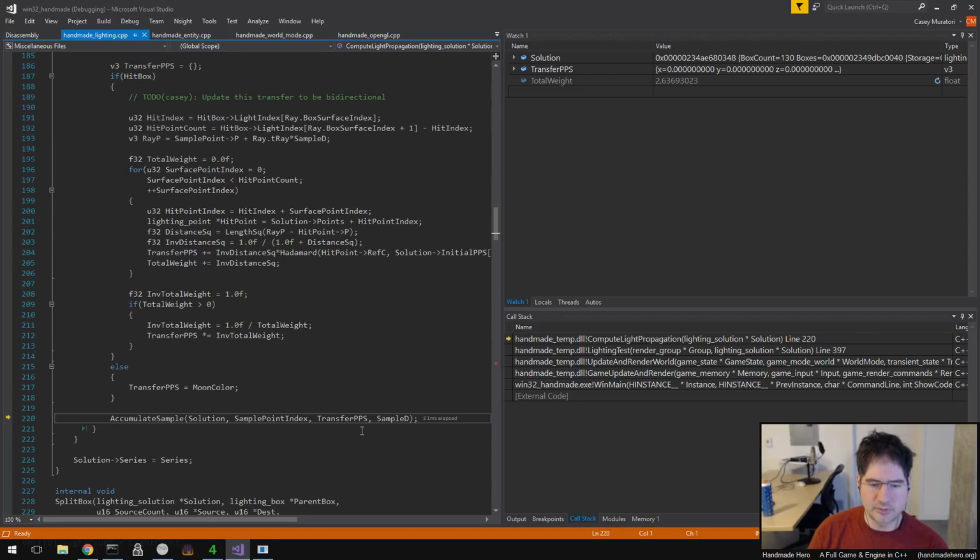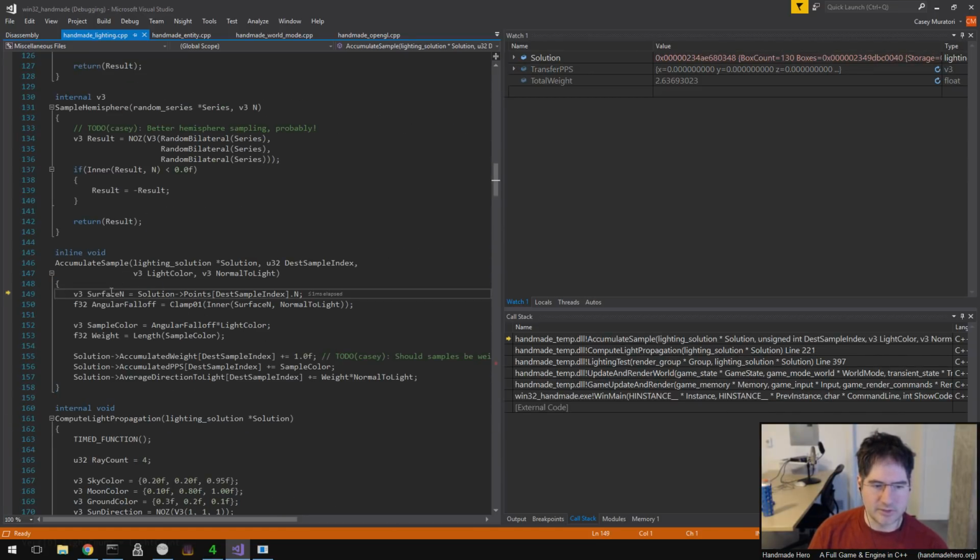We'll then go into the sample accumulation. So we need the sample direction, that's where we're going to get the light. We have the transfer value, which is nothing. We have the sample point index and the solution. We come through here and we say, all right, the surface normal is going to be whatever the destination sample's index normal was, and that's exactly what we would expect, right? Totally fine. We've got the angular fall off, which is the normal to the light surface end, so there's our fall off factor.